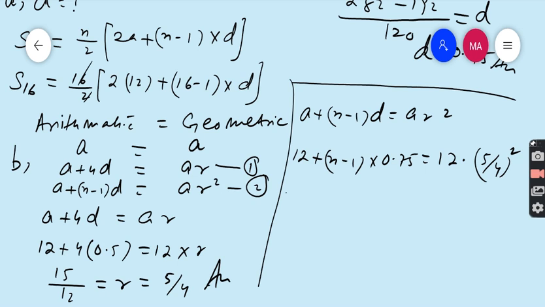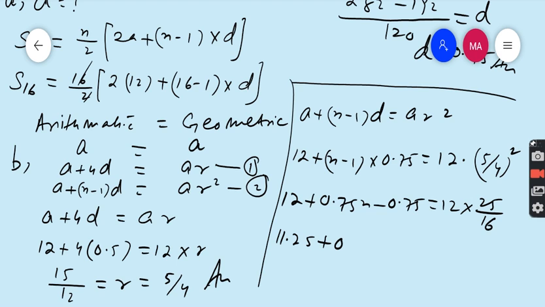Okay, so 12 plus 0.75 n minus 0.75 is equal to 12 into 5 square 25, 4 square is 16. So 12 minus 0.75 is 11.25 plus 0.75 n is equal to 12 into 25 upon 16.